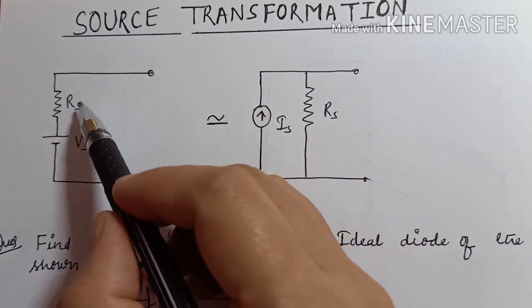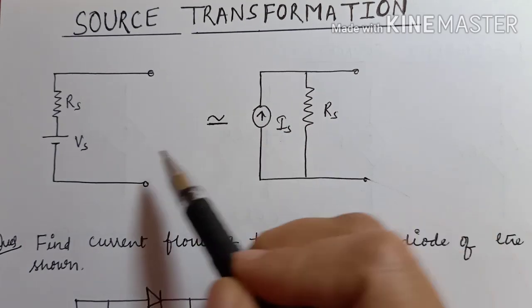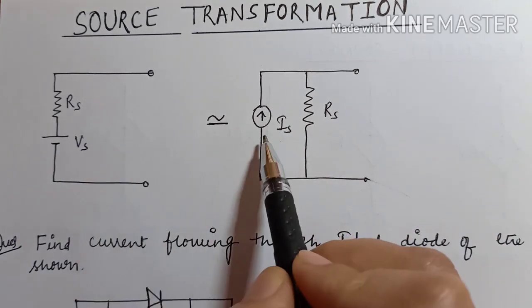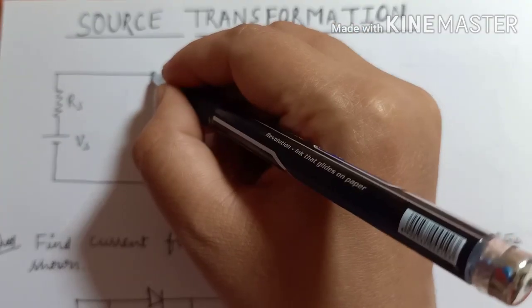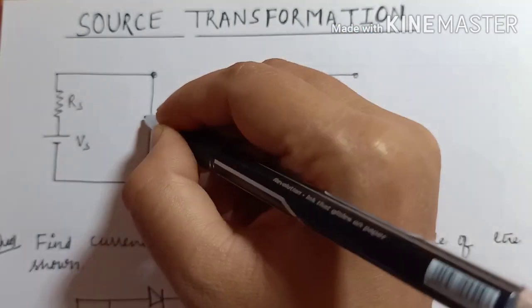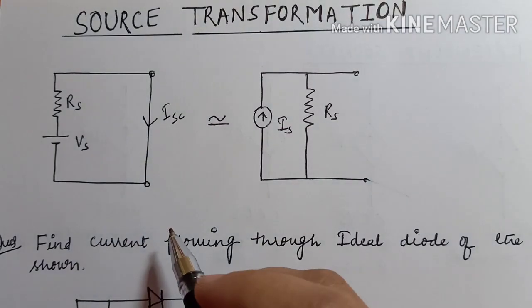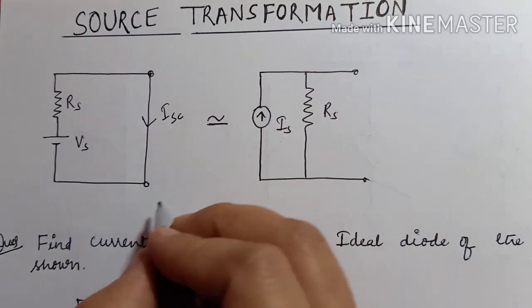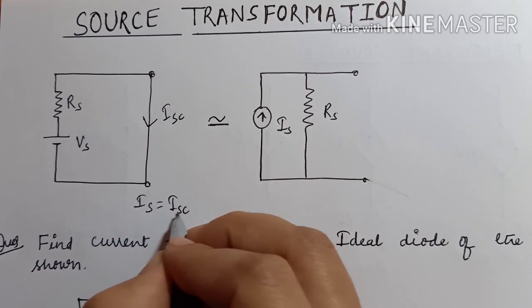So for the conversion of a voltage source into a current source, you should know the value of the current delivered by this source. Let's say this is ISC. ISC or IS is the current delivered by this source. Why have I written ISC?